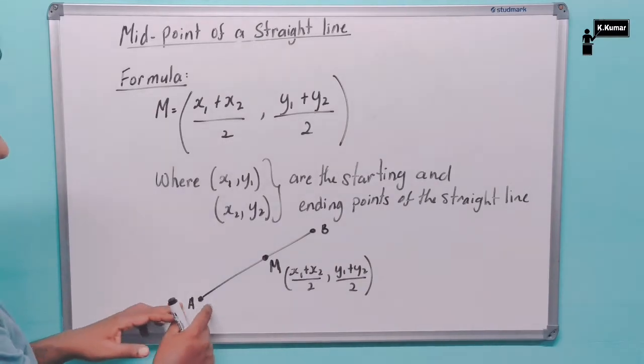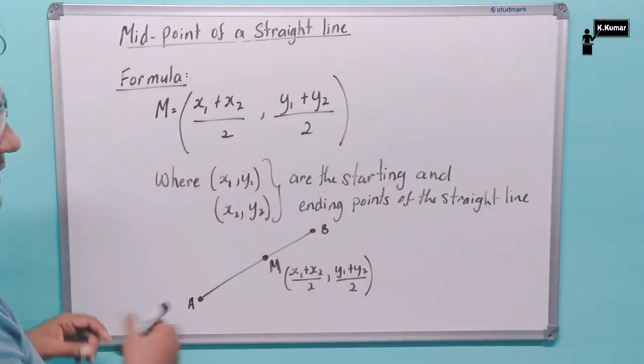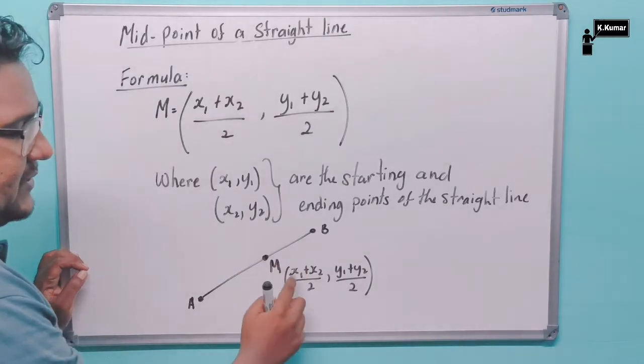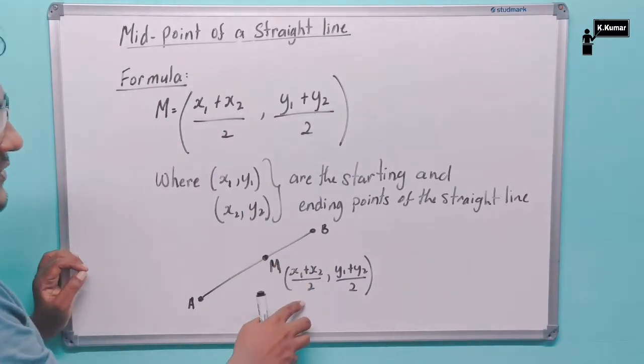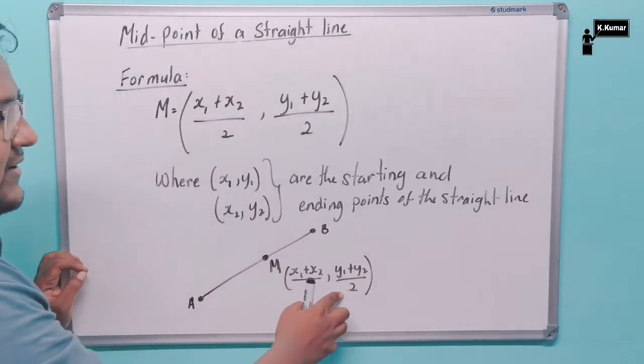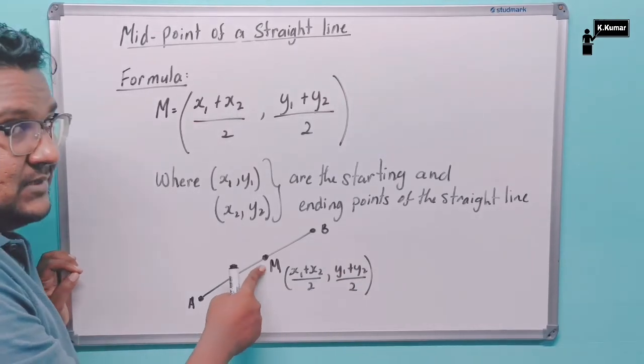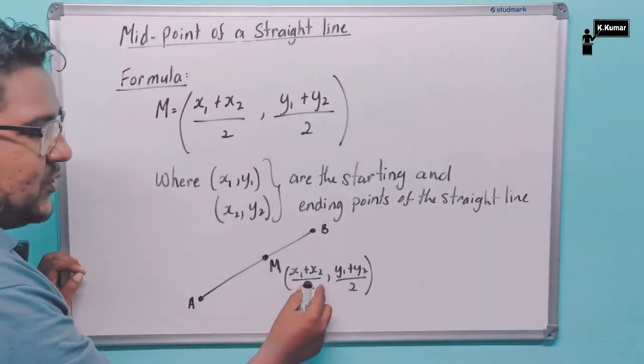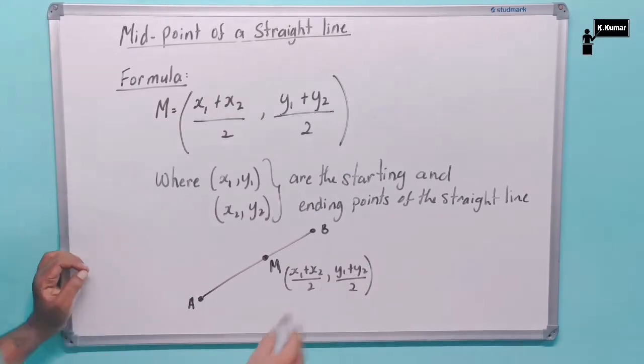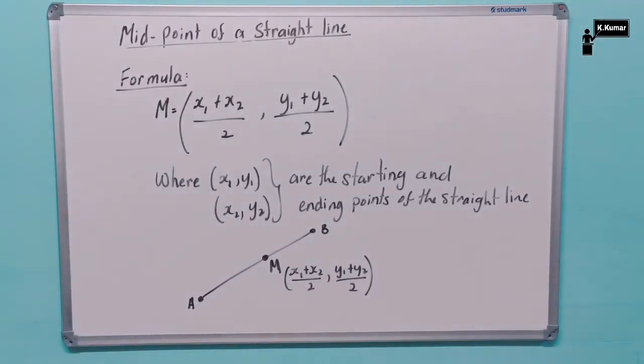You'd have to use the starting point and the ending point, and then M would be the point in the middle, which is (x1 plus x2) divided by 2 and (y1 plus y2) divided by 2. Remember that this is a point, so you need an x coordinate and a y coordinate. So you're going to use the 2 points given and find the midpoint of a line.